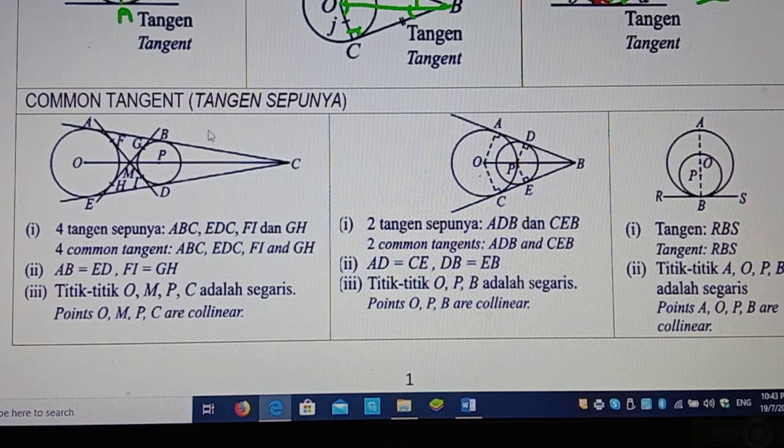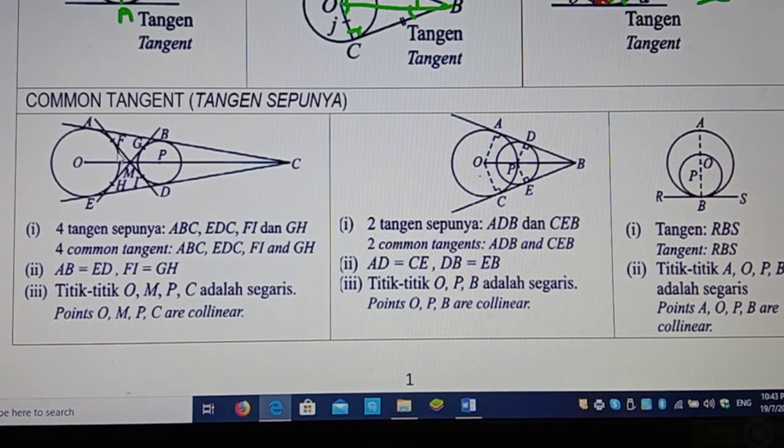Okay, so this one we call a common tangent. Same thing as AD and EB, also common tangents. FI and HG, also common tangents. So we have 4 common tangents: ABC, EDC, FI, and GH. Okay.